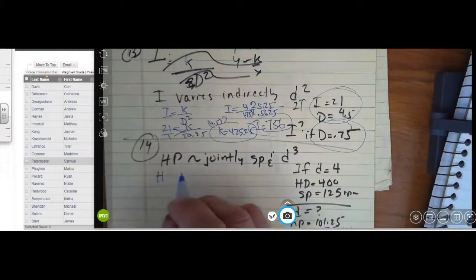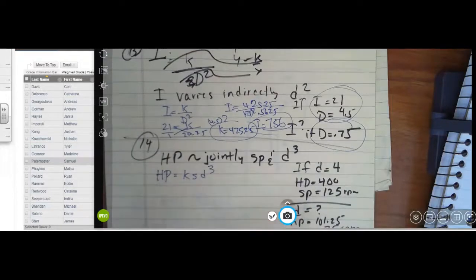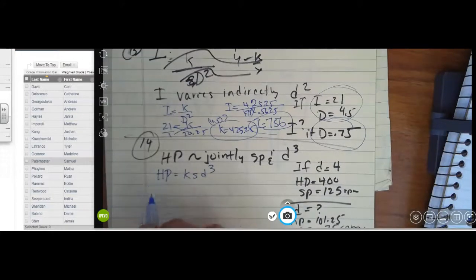Horsepower varies directly, jointly with the speed. That means H equals k s d cubed. You put in the values that they give you, and you get 400 is equal to k times 125 times 64, s cubed. So you do that, and you're going to get k is equal to 400 over 1600, so k equals 1/4.